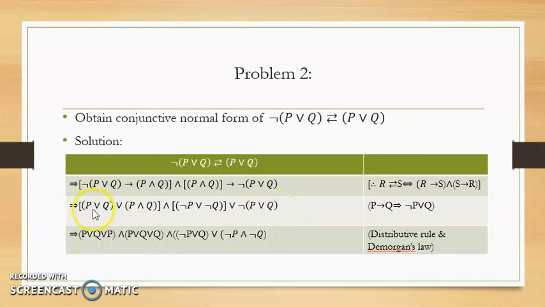Now after applying this, we can apply the distributive rule for this part. When I apply the distributive rule, P or Q or P, then Q or P, the second term. Then here also I can take this not inside: not of P and not of Q. Now I can find four terms, first term, second term, third term and fourth term.